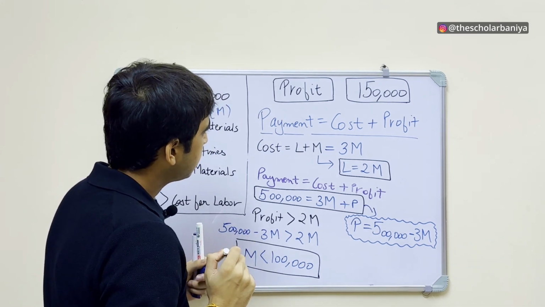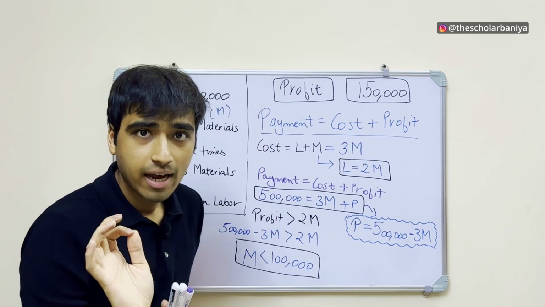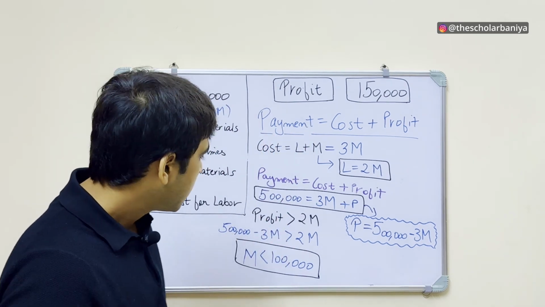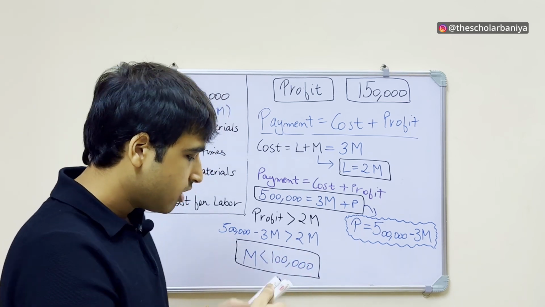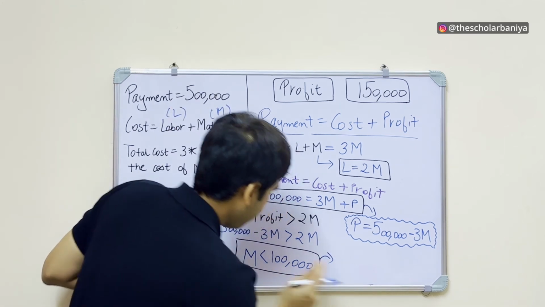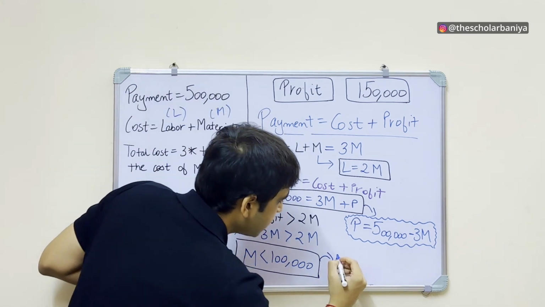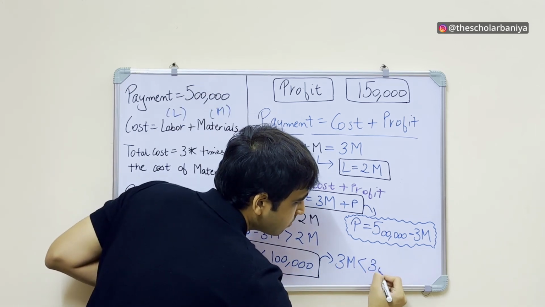Now tell me one thing, we have to calculate the profit, right? So if M is less than 100,000, we can say that if we multiply 3 on both sides, 3M will be less than 300,000.